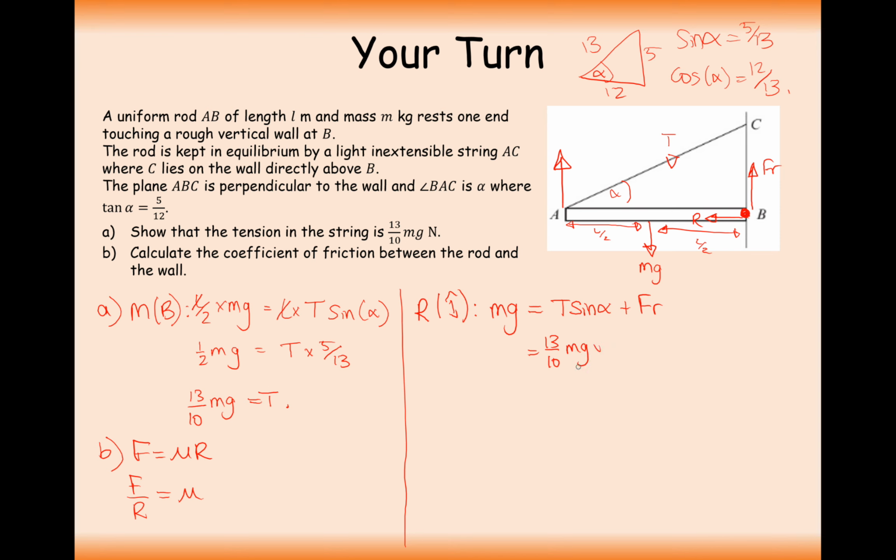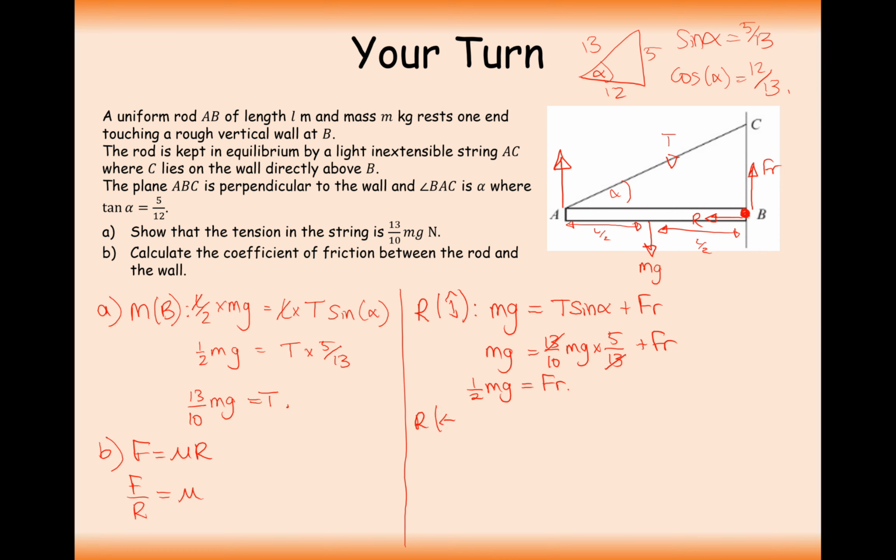So this is going to be 13/10 mg times 5/13. So that's going to cancel, plus friction on this side, mg on this side. So we're going to have half mg. Taking that onto the other side, friction here is equivalent to a half mg.